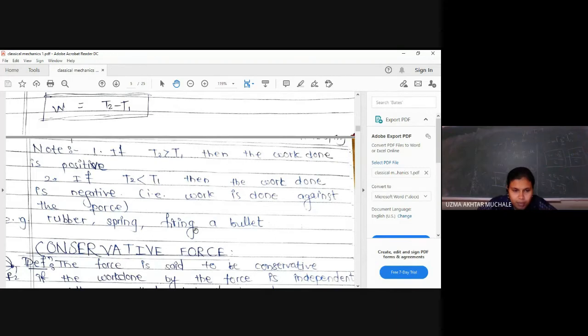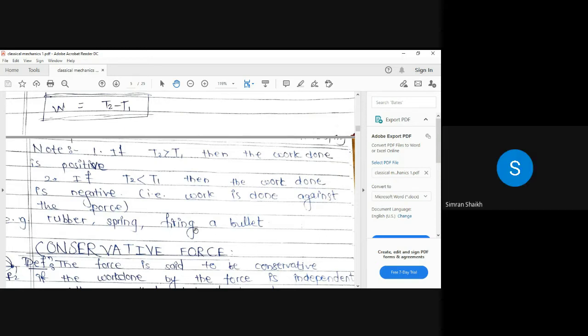If you are stretching it, it means you are applying a force in the opposite direction. Why are we saying it is in the opposite direction? Because if you leave the rubber, it will again come back to its original position. Correct? It happens like this, right?